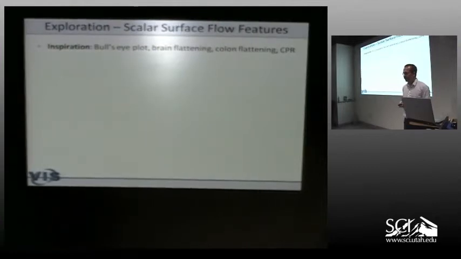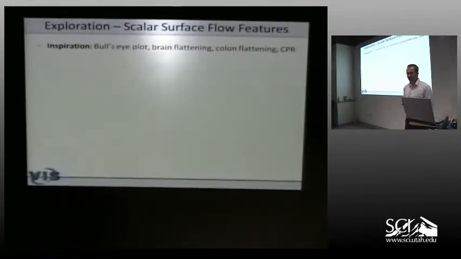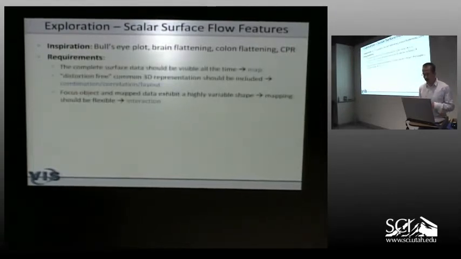It was not only a academic paper, but something that Chris would consider a success story. And also curved planar reformation is a success story, again something which is now part of many products. That is a kind of map visualization of vascular structures. So with this in mind, we thought, well, maybe we can also come up with a useful kind of map.